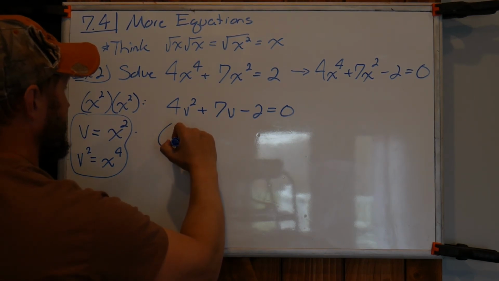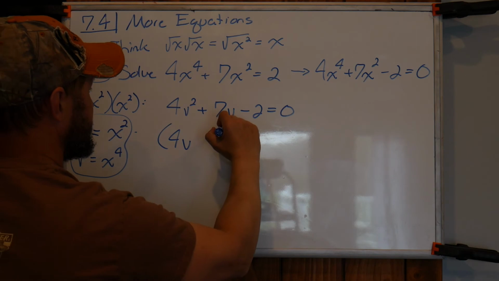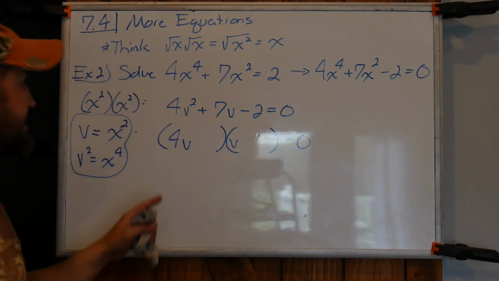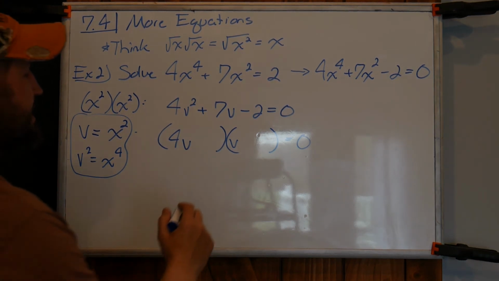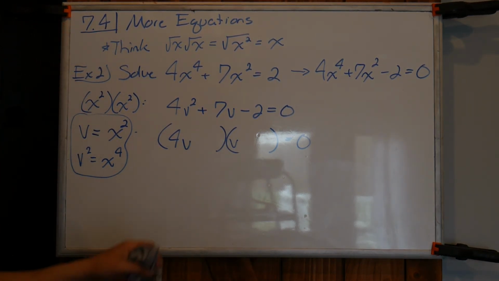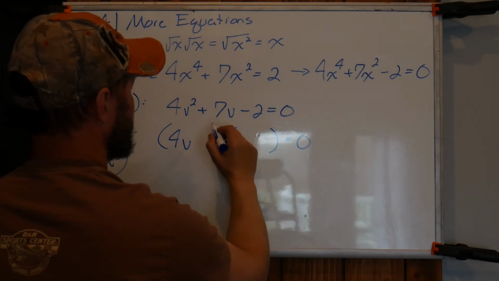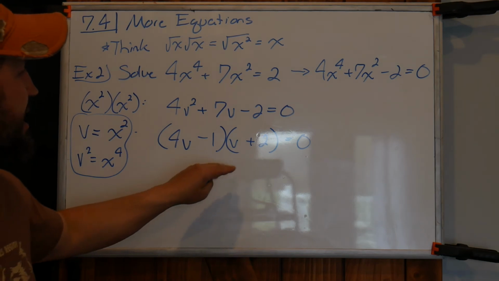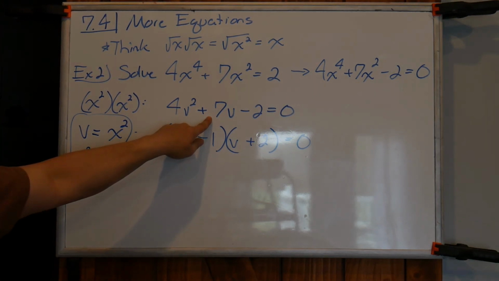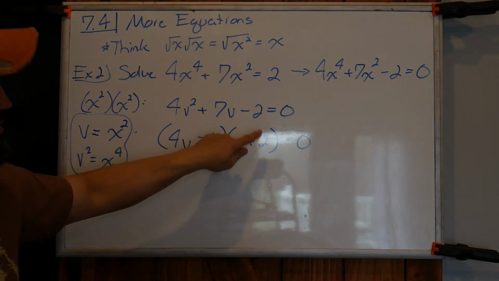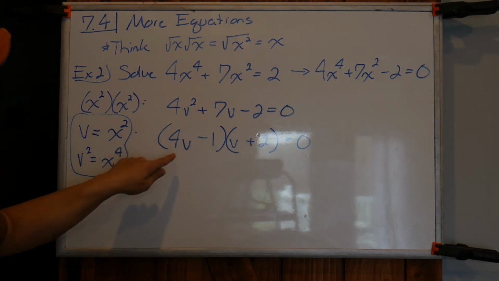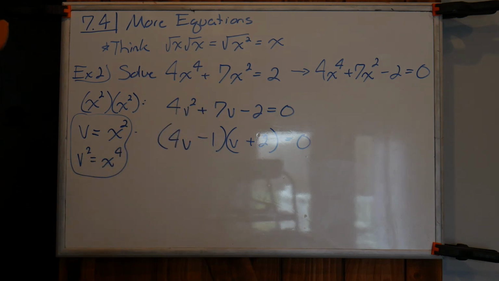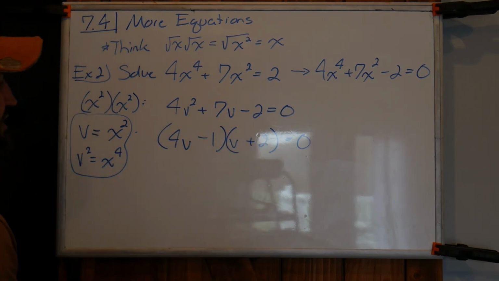Now what I can do is take 4v and v, and I have a negative 2. I need a positive 7 remaining, and I need a negative 2 multiplied together. So if I put them like this, I have a positive 8v minus 7v is positive 7v, and I'm left with negative 2 in the end.